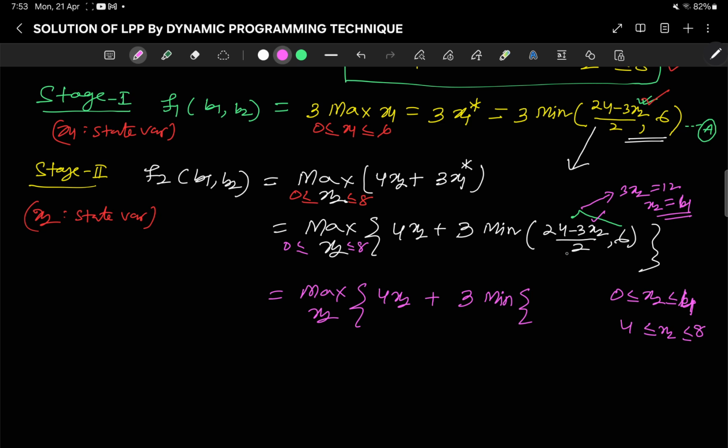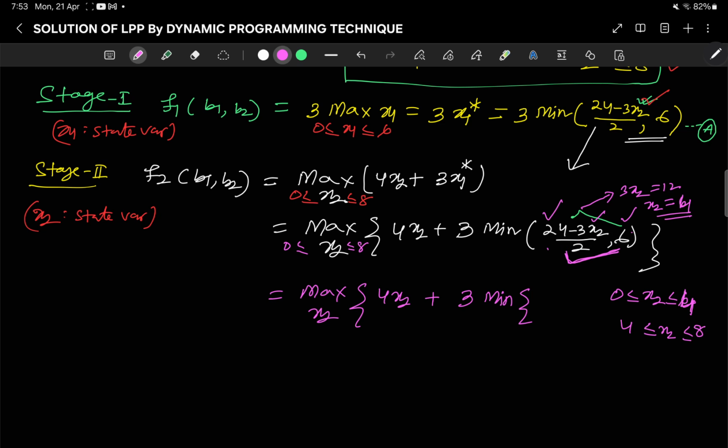So what to write in which place? Out of these two, at 4 both will give the same value, but at 8 it is 24 minus 24, so at 8 it is 0.